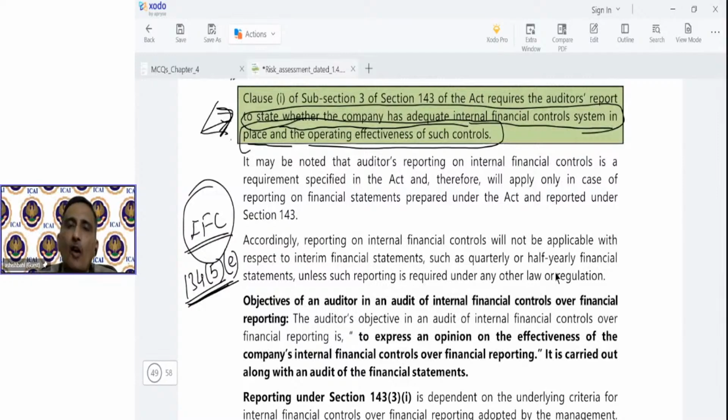So the auditor has to report when he gives a report on the accounts examined by him in case of a company. Then he gives report under section 143.